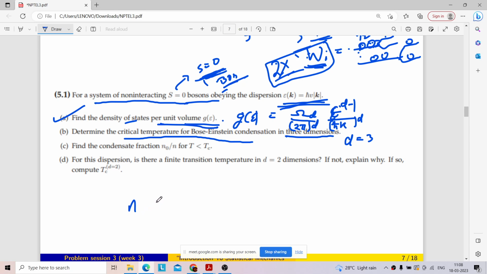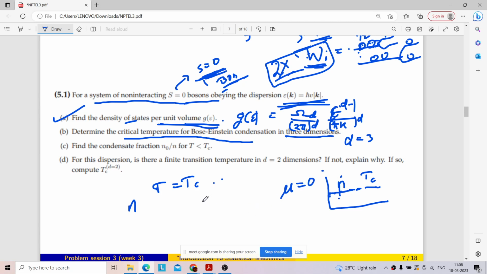For that condition, T will be Tc. Bose-Einstein condensate means at temperature Tc, most of the particles will be in a single ground state, and there won't be any exchange of particles between the surrounding and the system. So chemical potential will be zero.